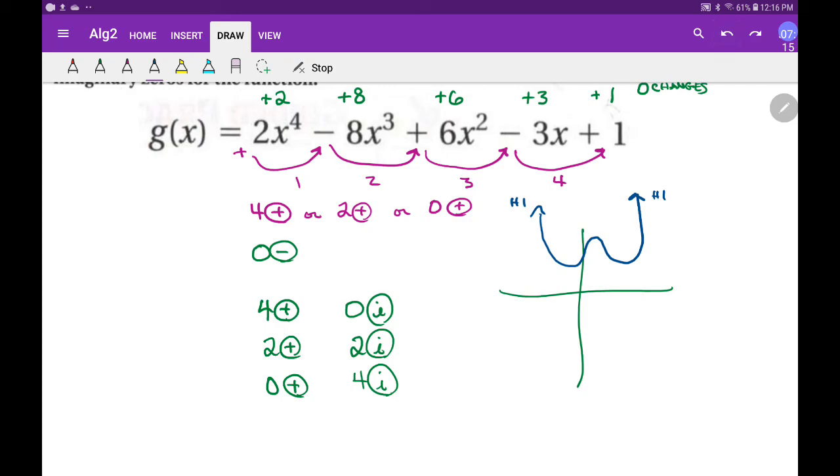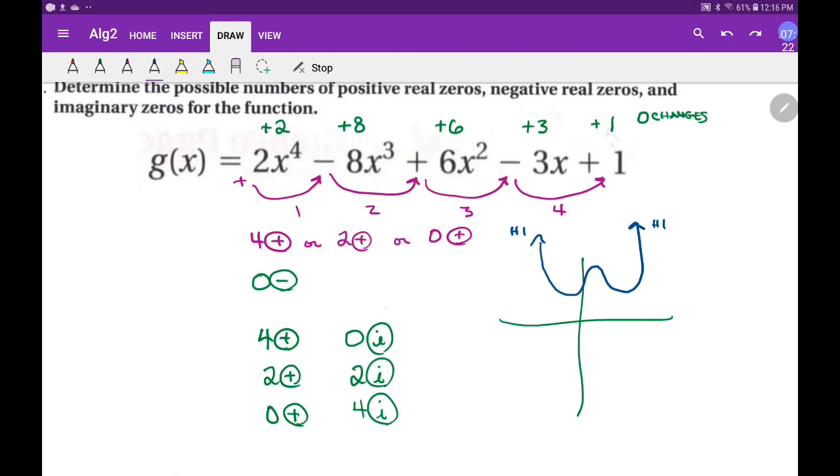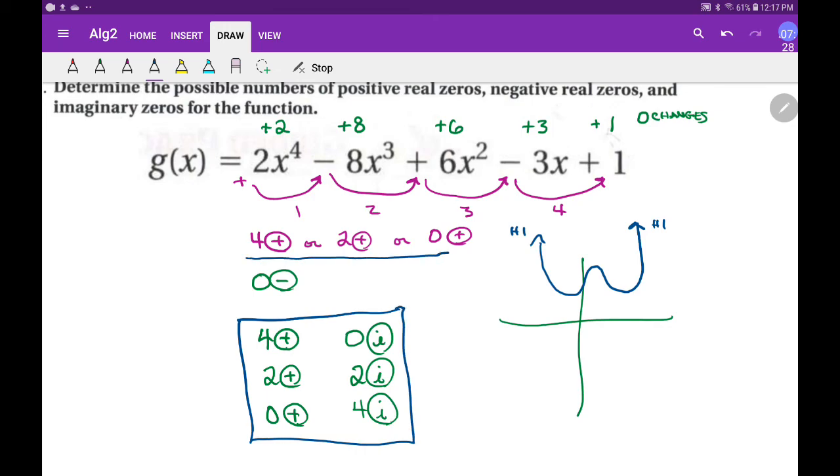So they're all imaginary. Is that a possibility? Sure, it's a possibility. So all that to say, these are my possibilities. I think I'd be content if you said this. I know there's no negative. You shouldn't tell me there'd be no negative. I can piece the imaginary part together for myself.